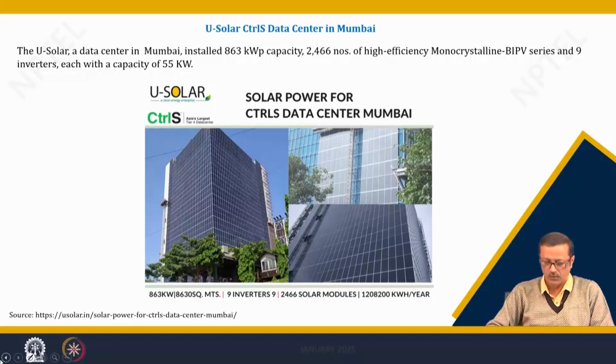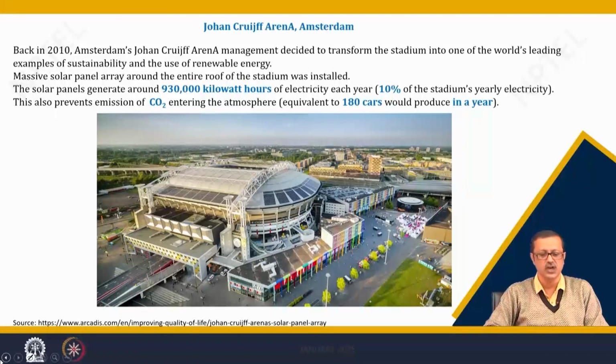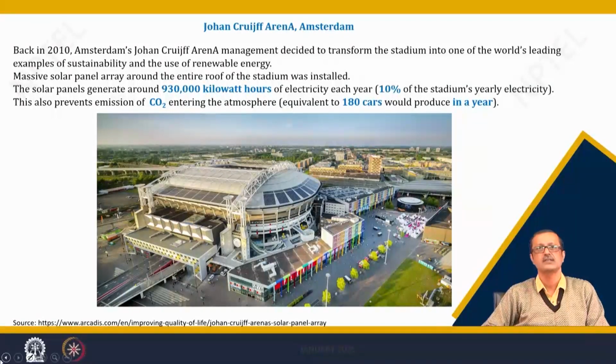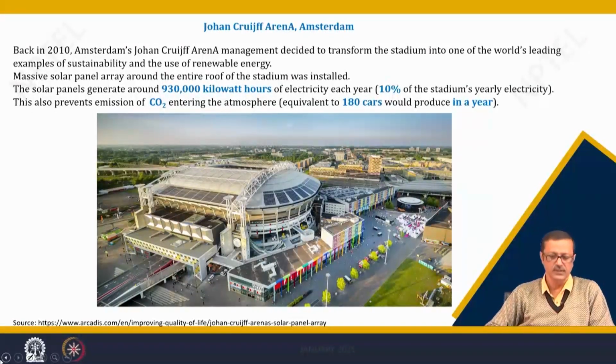So, next one is the Johan Cruyff Arena in Amsterdam. It is a football stadium, and again I have visited their website and taken this photograph from there. It is an international football arena where big football matches take place, a very popular stadium.